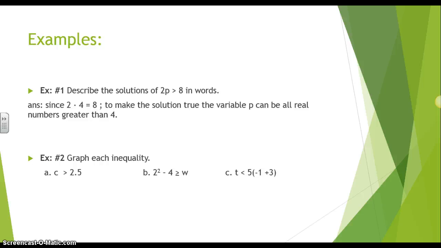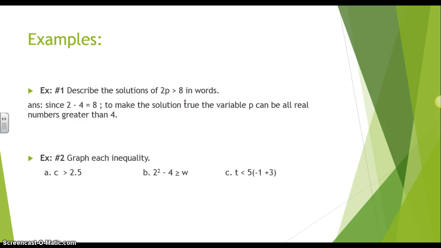The first one says, describe the solutions of 2p is greater than 8 in words. So this is saying 2 times p is greater than 8. What we need to figure out is what value p needs to be to make 2 times p greater than 8 a true inequality.